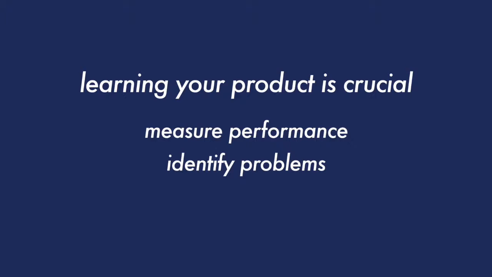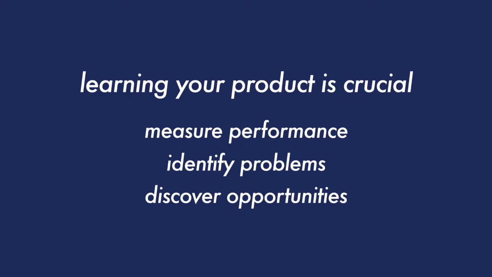The second one is identifying problems, because there's no such thing as a perfect product. We always have problems, and lots of problems can be identified from data, by having proper measurement in place. And last, we also want to discover opportunities from data or from the product.